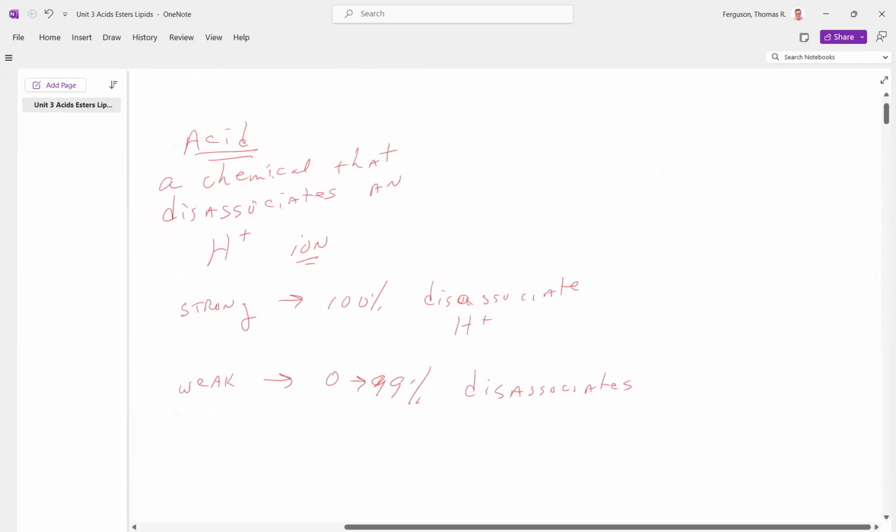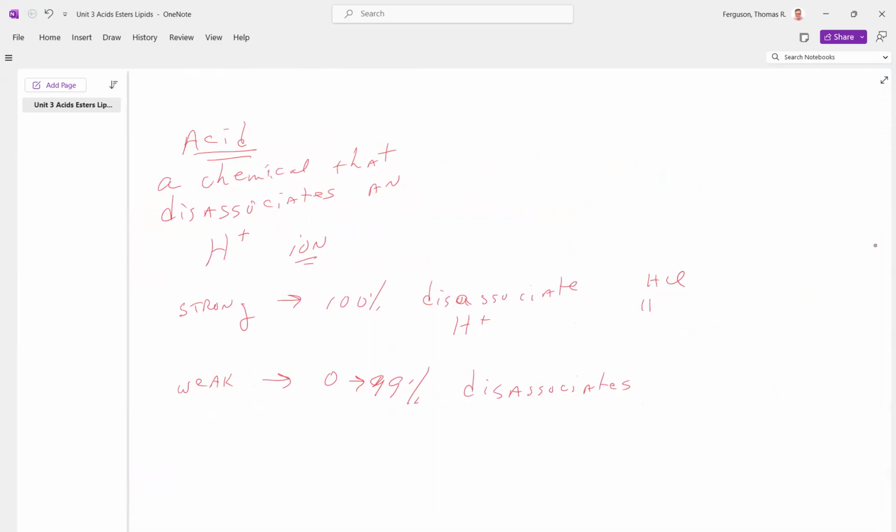So you all are familiar with strong acids. There's hydrochloric and sulfuric. We use sulfuric acid a lot in organic chemistry. These are the 2 main ones you're going to be running across in this class.